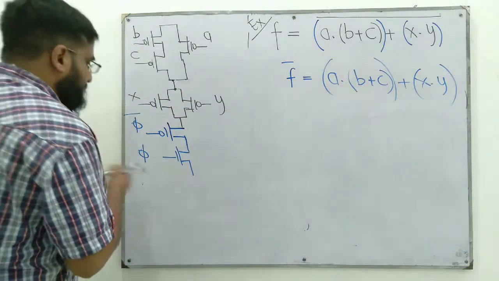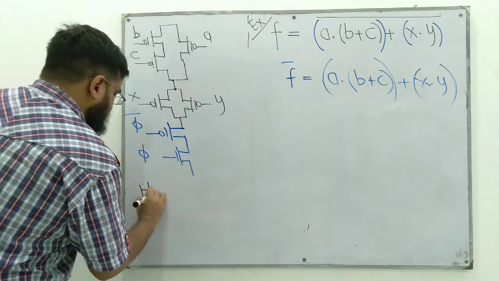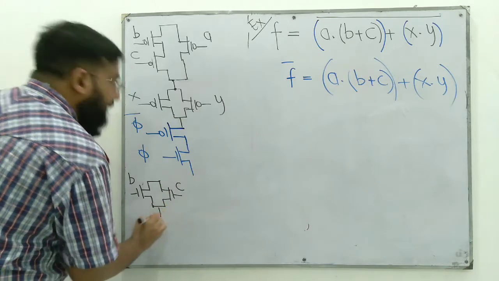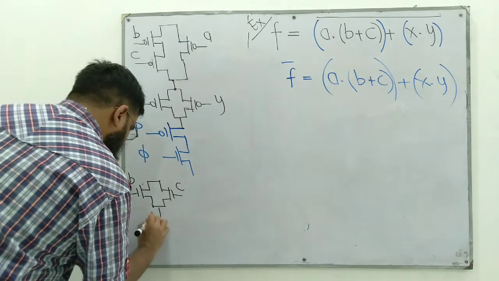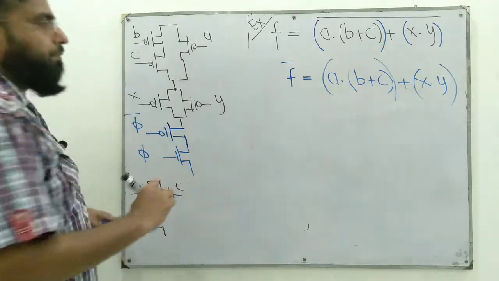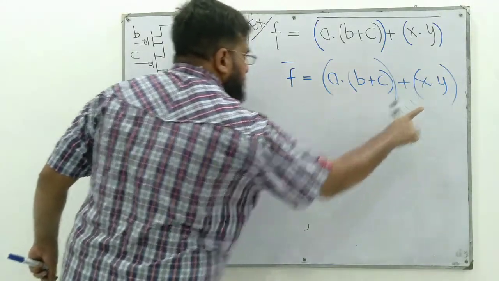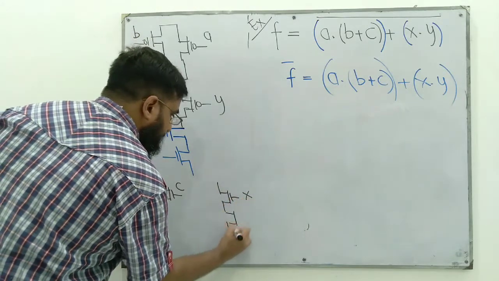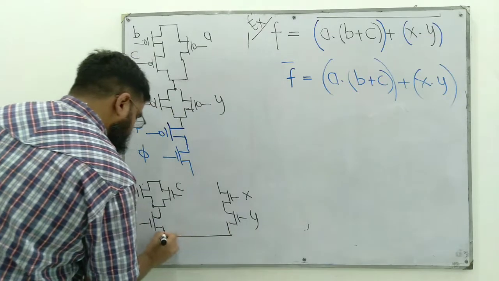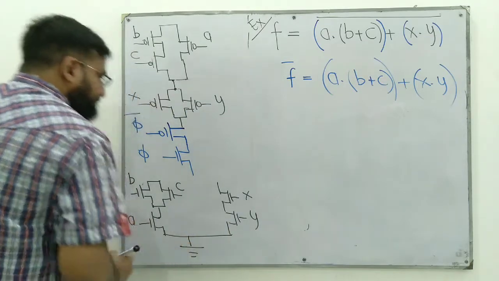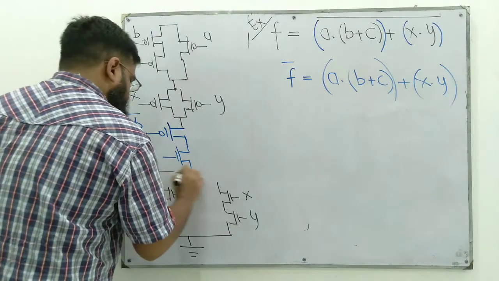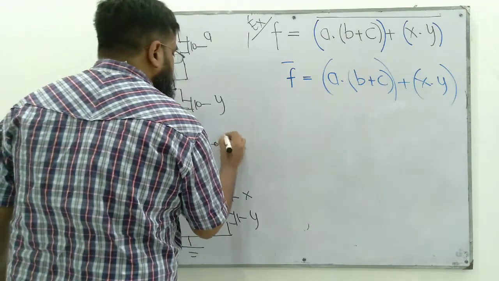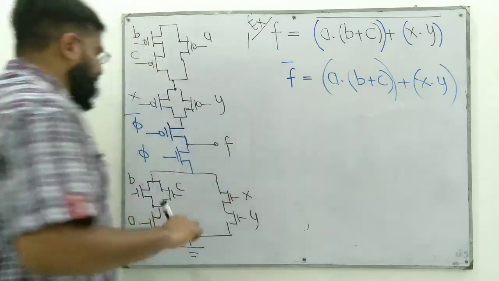So B or C, and then B or C ANDed with A, and then ORed with this AND. So X and Y ANDed together, and then this whole stuff will be connected here, and we'll get our output F from here.